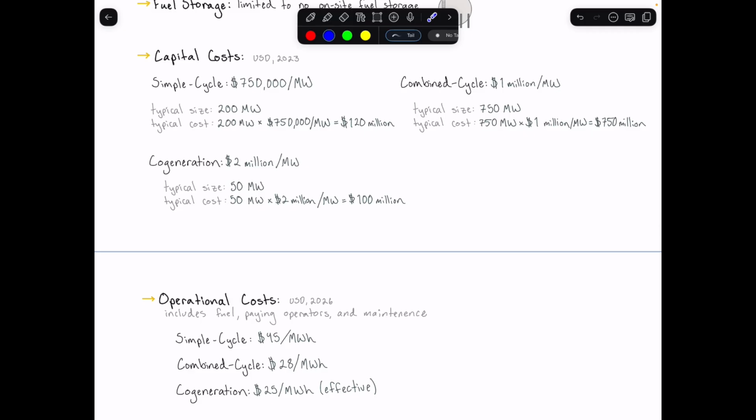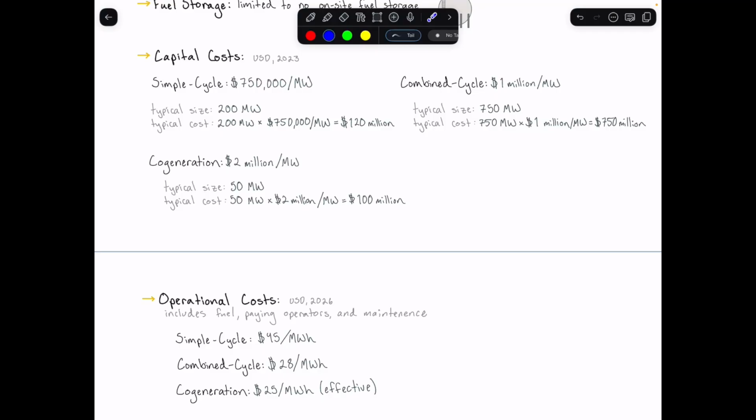Okay, so let's go into the operational costs. Before I dive into the numbers, the operating costs of natural gas power plants depends largely on the price and the availability of natural gas. Countries that have abundant domestic natural gas resources like the United States or like Russia typically have lower fuel costs than countries that rely on imports, such as a lot of the European countries, South Korea, and Japan.